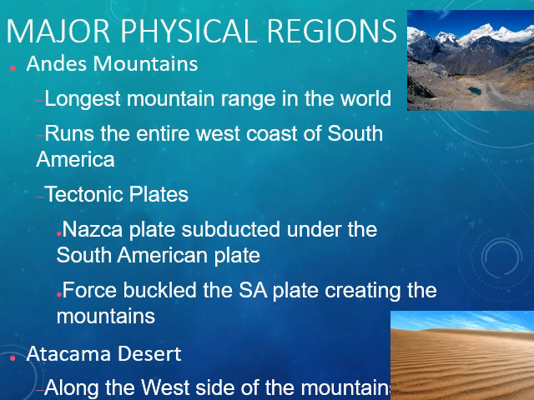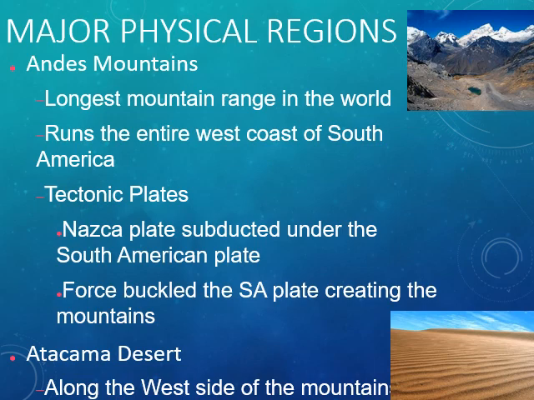But the force from it actually buckled the South American plate, and it caused the land to buckle upwards, and it created the Andes Mountains. And so this 80 million year crash that's been happening is causing the growth of these mountains, and within them also volcanoes, because the subduction continues to happen.